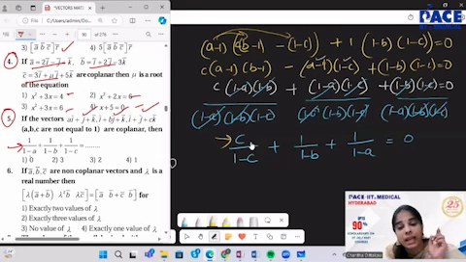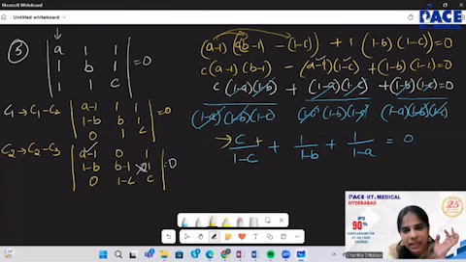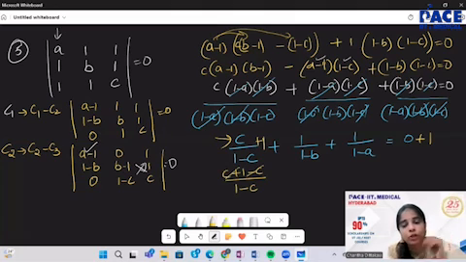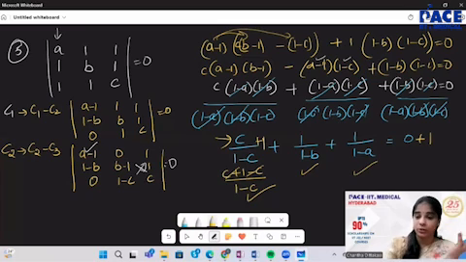I will just add 1 on both sides. See, just a balancing part, what I'm doing here, plus 1 and plus 1 here. What do you get here? So you got 1 minus C. This is C plus 1 minus C. These both got cancelled. So you are left with 1 by 1 minus C plus 1 by 1 minus B plus 1 by 1 minus A, which is what you're expected to prove, equal to 1.